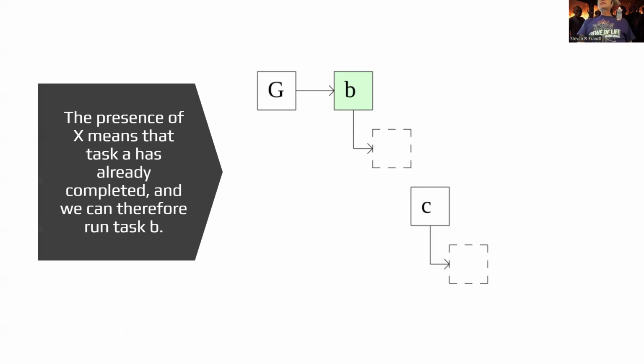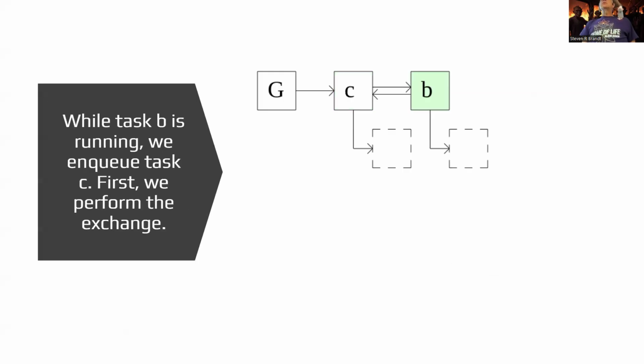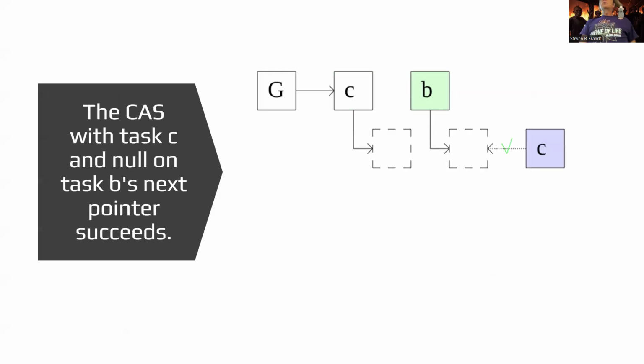Okay, so task C is now going to try to run, and B is still running. B is happily chugging along, doing whatever it does. And we do the swap while B is running. Since we're C and we've just put C into the guard, C is going to try to do a compare and set from null to itself on B's next field.